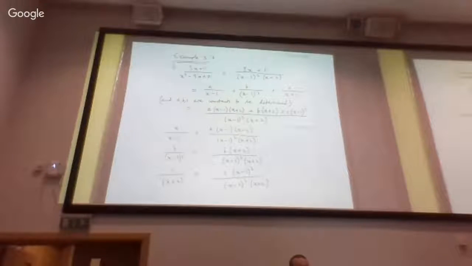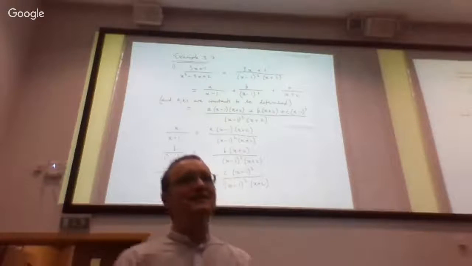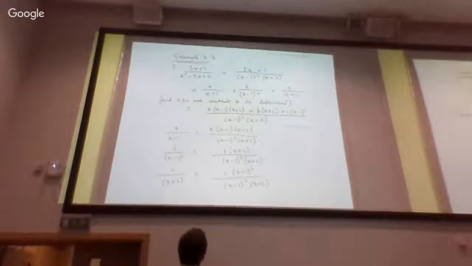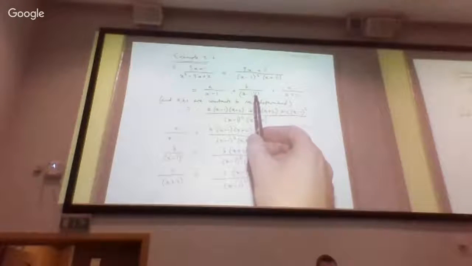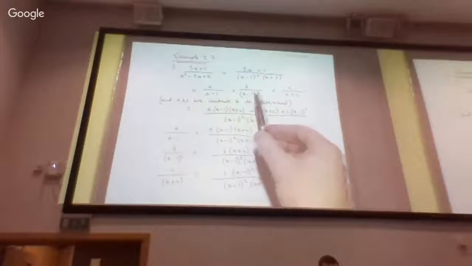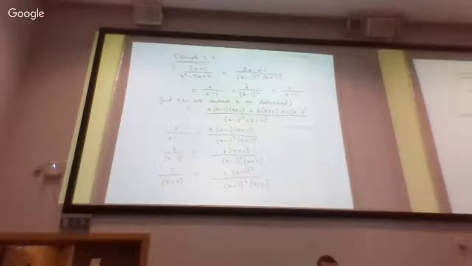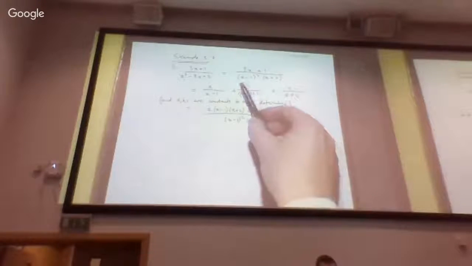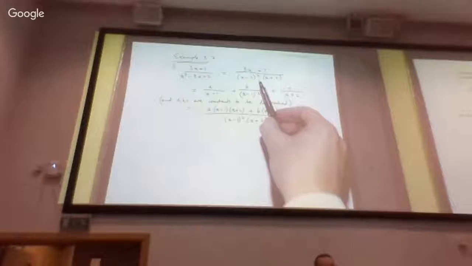Is that okay? Oh, sorry. What's the question? My question is that we don't need this power 2 here, or maybe I'm wrong. Oh no, we do need that. I think we do. It may turn out that b is equal to 0, it may come out in the wash, but I do need this b over x minus 1 squared because x minus 1 is raised to the power 2 in the denominator.